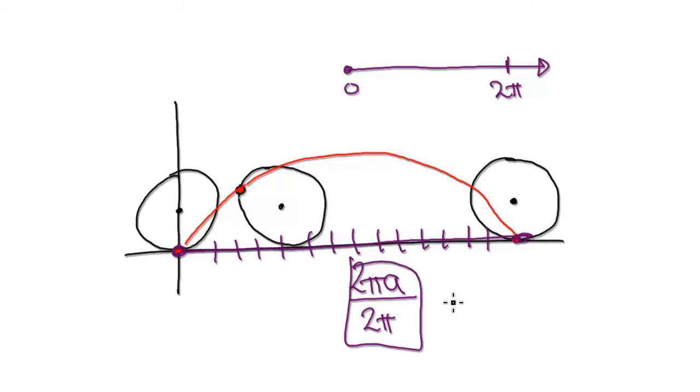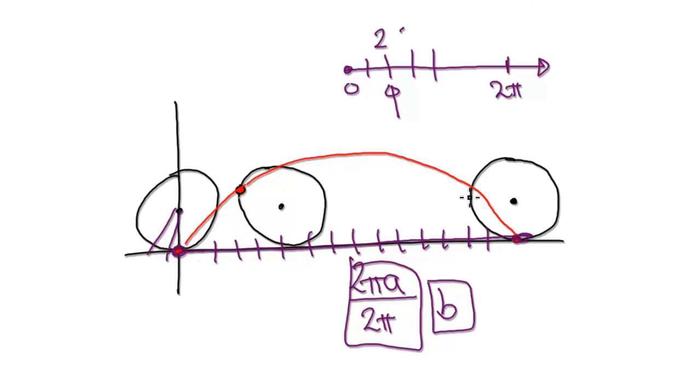So if you get the whole distance here cut up into 2 pi equal pieces, and then you stick a B in here, as B gets incremented, let's say B is 2. You can see that it's going to be 1, 2, which is the same as 1, 2, right here.